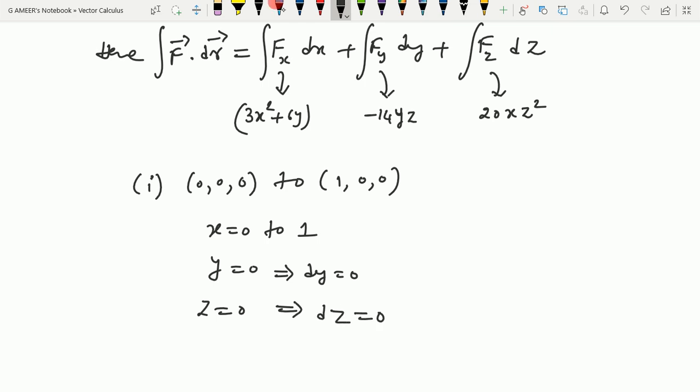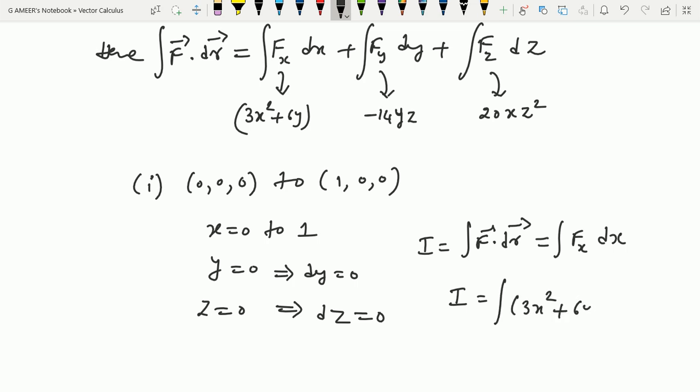So in our integration, if I substitute F dot dr, that is Fx dx plus Fy dy, as dy is 0 and dz is 0, the only term left here is Fx dx. But here Fx is 3x square plus 6y into dx. But here again y is 0.